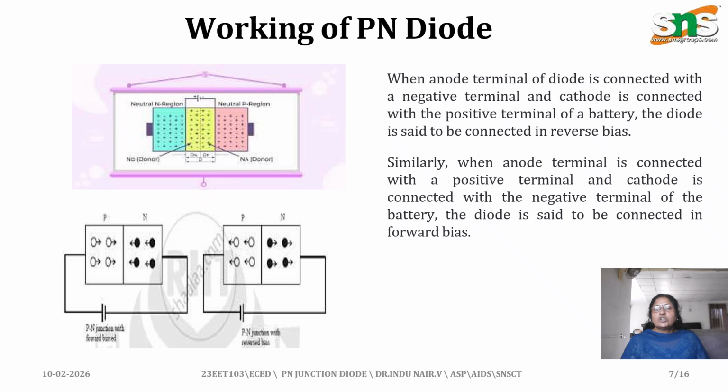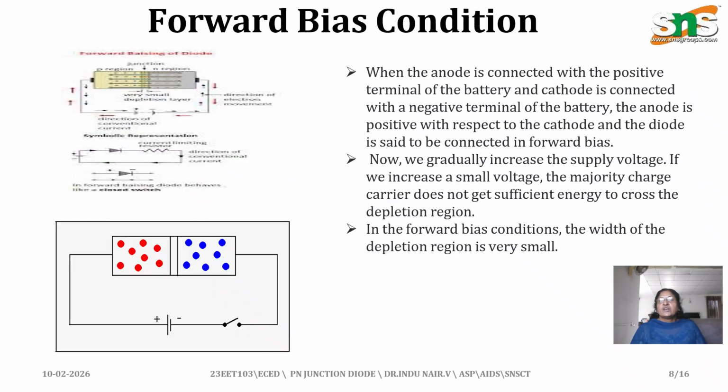When the anode terminal is connected to the positive terminal and the cathode to the negative terminal, the diode is said to be in forward bias. As the supply voltage is gradually increased, at a small voltage the majority charge carriers do not get sufficient energy to cross the depletion region.